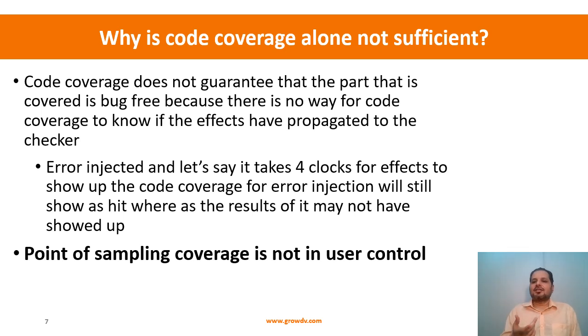If somebody doesn't do that, then even though you have the sampling point under your control, you could still end up with false positive coverage. That cannot be prevented, but better hooks are provided in assertion and functional coverage to sample the coverage at a more appropriate point compared to code coverage. So that is the point you need to keep in mind when you contrast code coverage and functional coverage, and why we should not rely only on code coverage to say that the design has met the functionality.